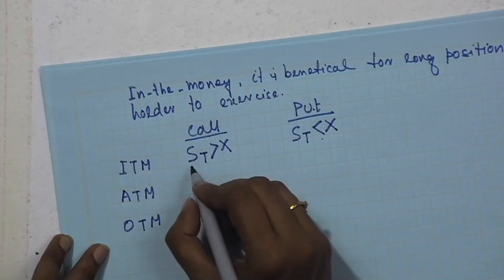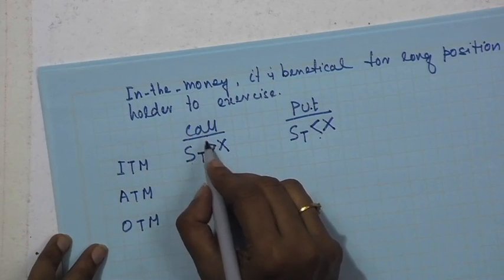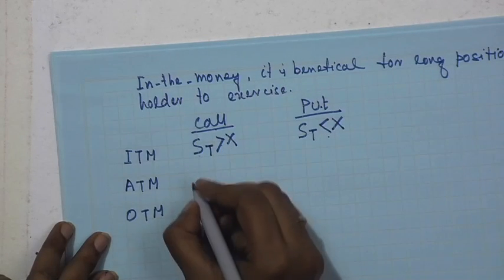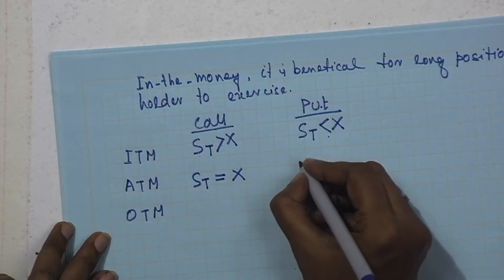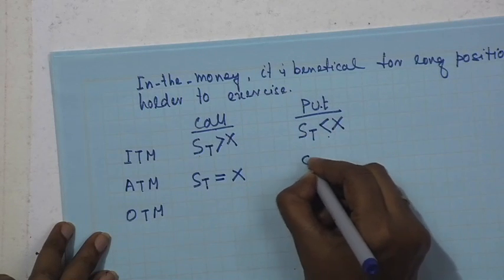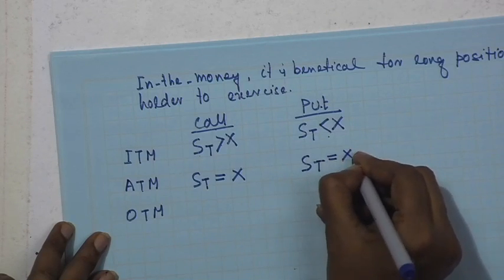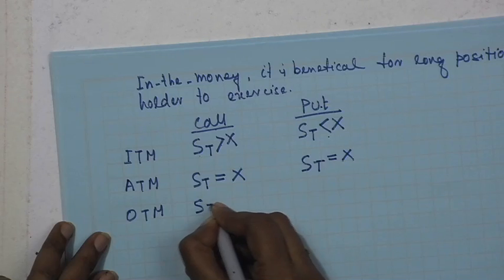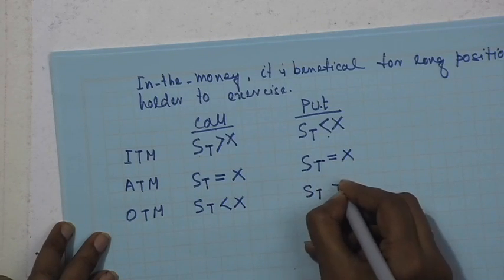For a call, when the spot price is higher than the exercise price, the buyer will exercise and buy the underlying at a price of X. When ST is equal to X or very near to X, it will be called an at the money option. When will it be called out of the money? For a call, ST is less than X, and for a put, ST is greater than X.